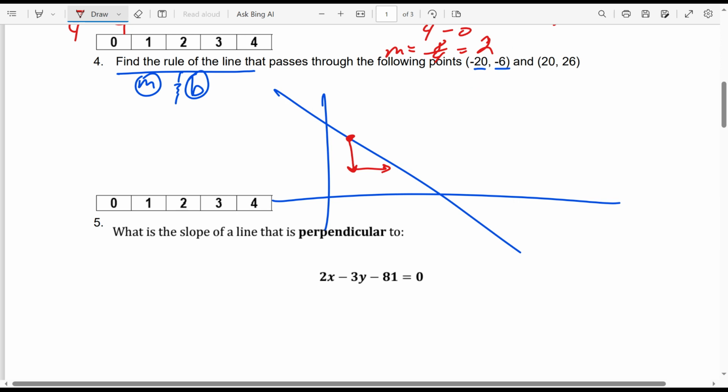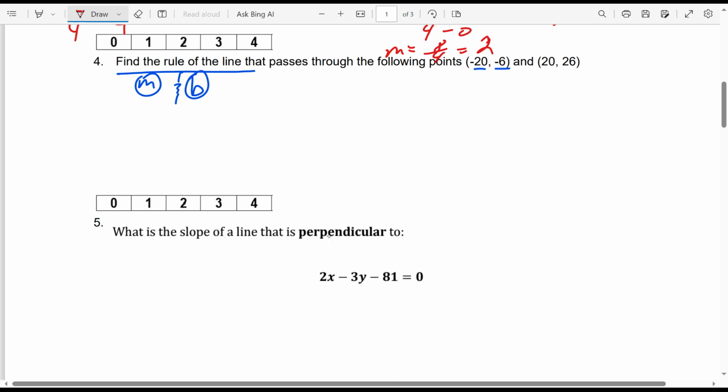So that's why I'm always going to have on these, starting with y2 minus y1 over x2 minus x1. It's really just talking about a relationship, and it's why fractions are so important, because all we're doing is making a fraction every time we talk about rise over run. What's the relationship of how many up or down versus how many over?